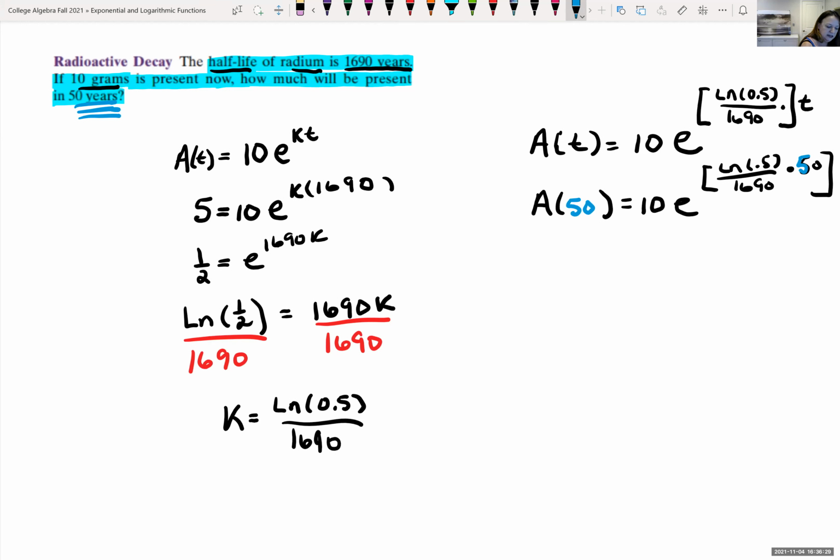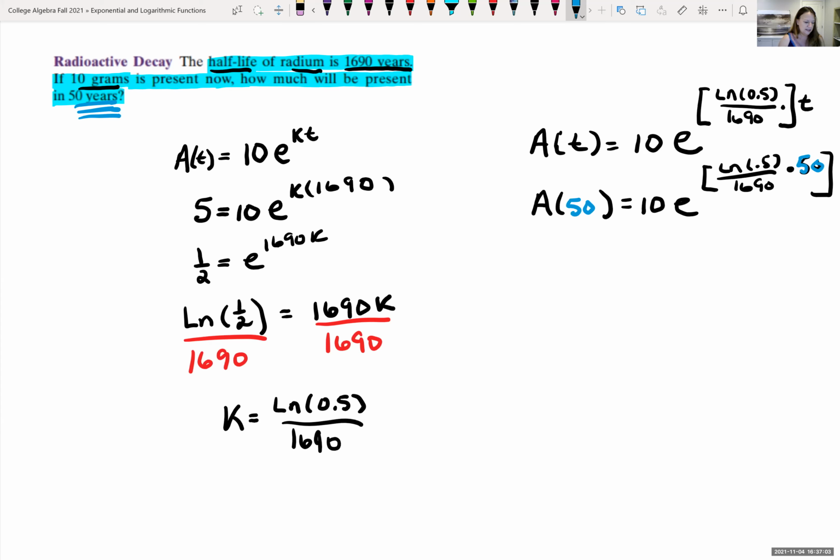Okay, so again, it's like a calculator exercise. So I'm going to take 10 parentheses, my e value. The exponent, I'm going to have a couple parentheses, natural log of 0.5. I'm going to multiply that by 50, and I'm going to divide that result by 1,690. And that's all in the exponent.